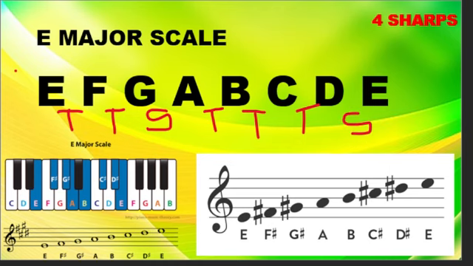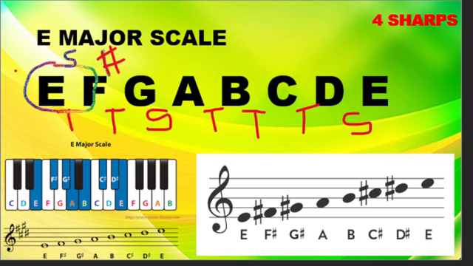Something to remember: between E and F in a normal way there is a semitone, but we want to increase this semitone to be a tone. What do we do? We put a sharp here. Then we increase the gap between E and F to be a tone.